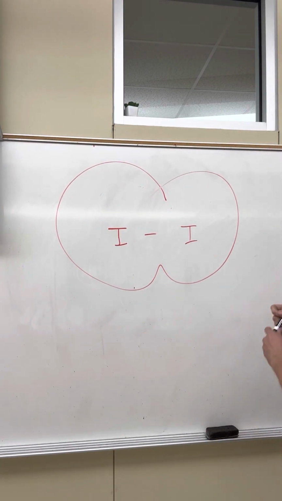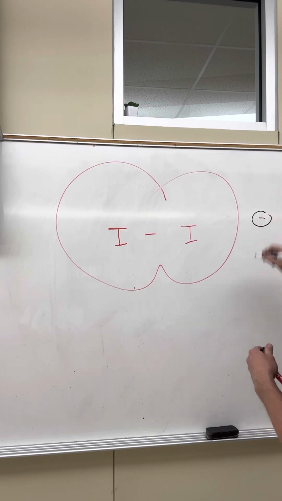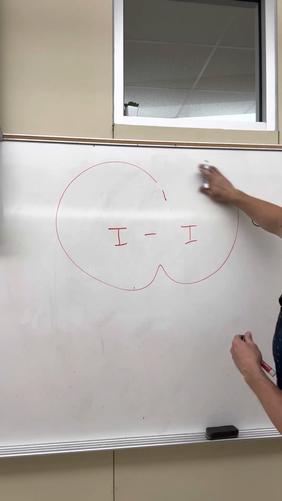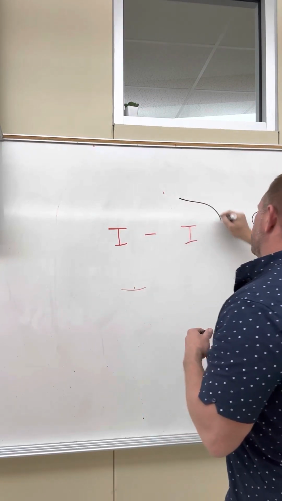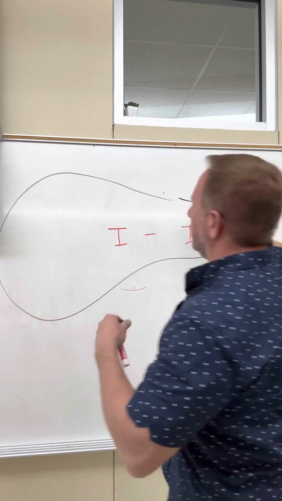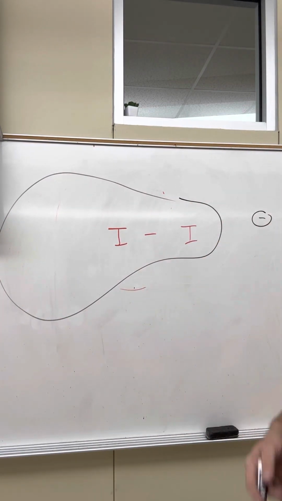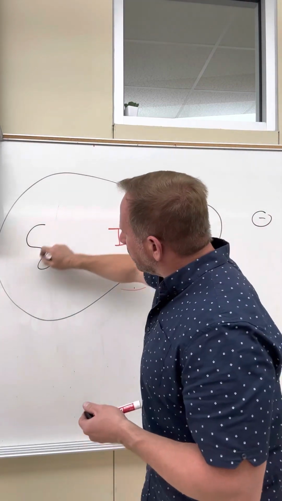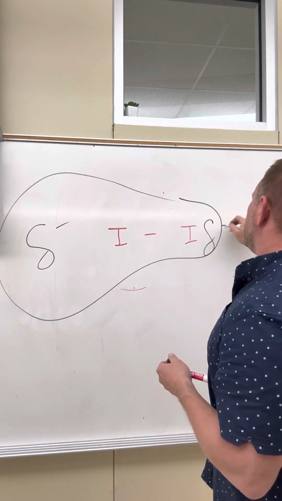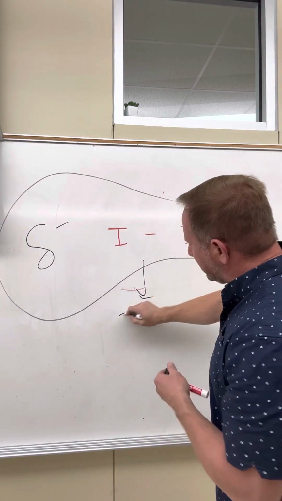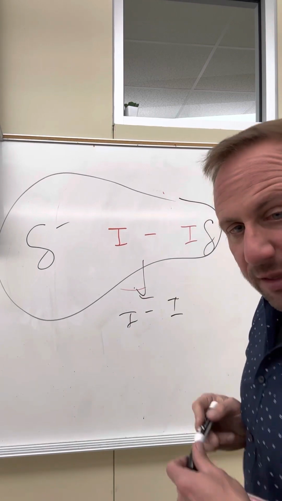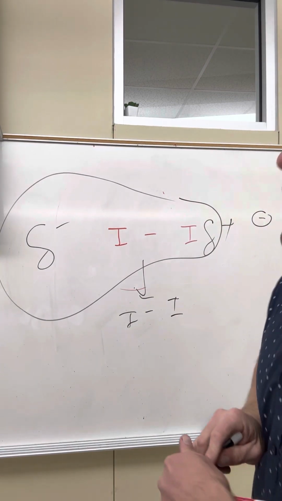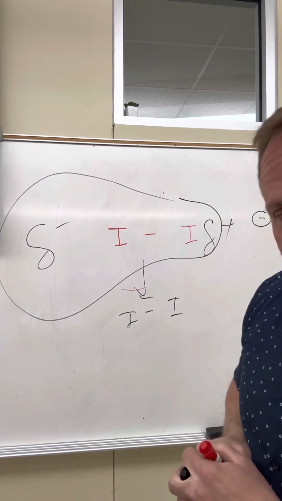Now we bring a negative charge here, and we get a big shift of electrons. And what does that result in? A bigger partial negative and a bigger partial positive, which then can induce another dipole inside of another iodine. These are strong London dispersion forces.